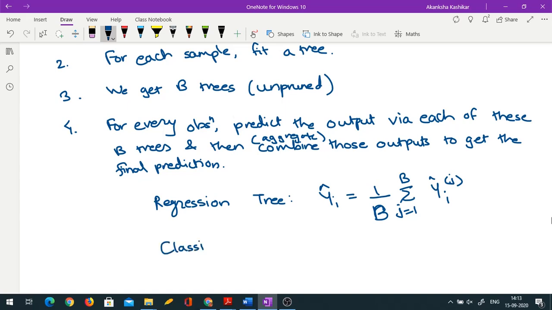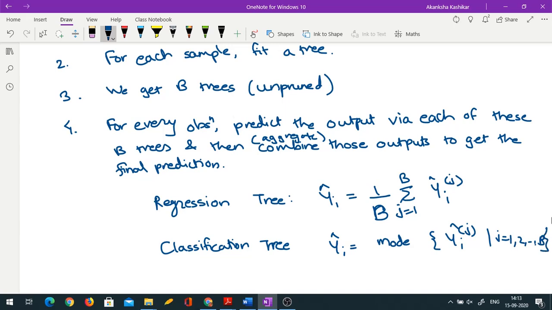For a classification tree, of course, we can't take an average. So what we do is we go for the mode. For a classification tree, yi hat would be the mode of yi hat j, where j goes from 1 up to B. You take the prediction from each tree and you take the mode of those predictions.